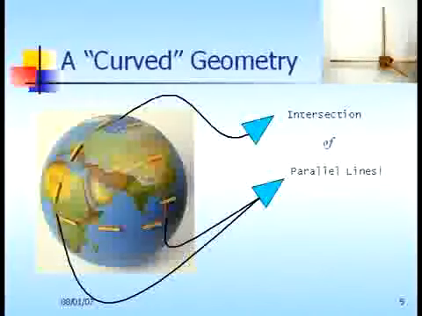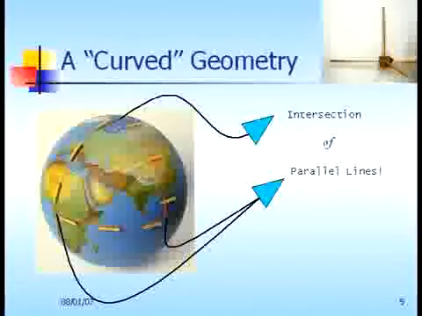A curved geometry, like the surface of the earth. When we use the reference frame like the surface of the earth and take the points on it as the points on our reference system, we notice that in this reference system the parallel lines intersect.